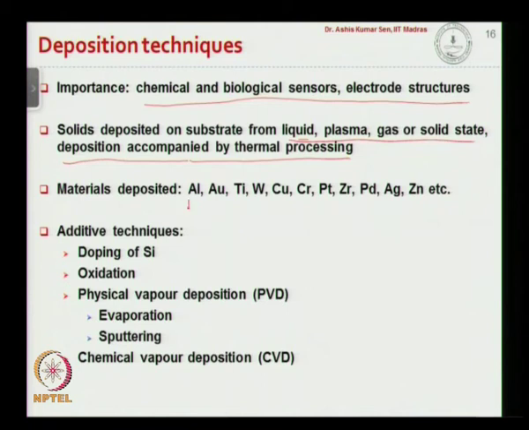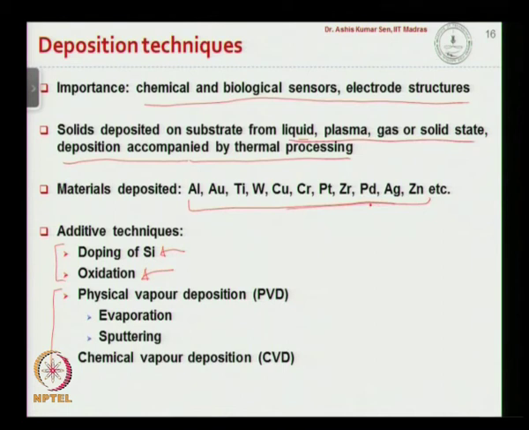Here are some of the materials that are used for deposition on micro devices, and we will be talking about different additive techniques. We will talk about doping of the silicon and the oxidation process in detail. After we cover these two, we will also talk about the deposition of different selected metals presented here.